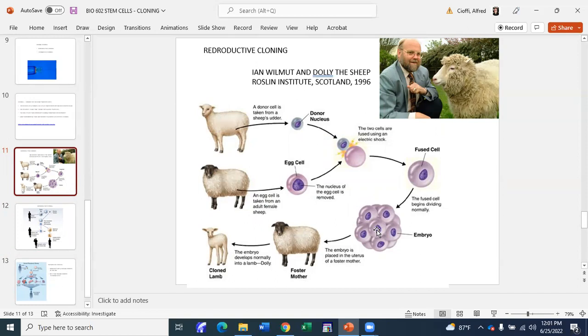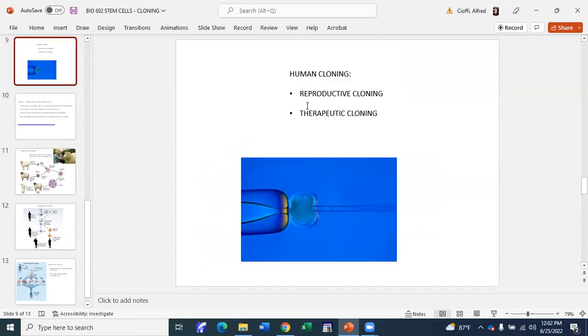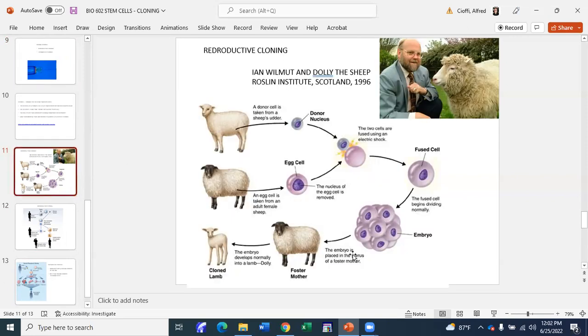Okay. Again, the idea was that if this was used for therapeutic cloning, in other words, to generate human embryos, translate the model into human cloning, embryos could be generated, but they would not reimplant. All right, this just proved that that embryo was normal.